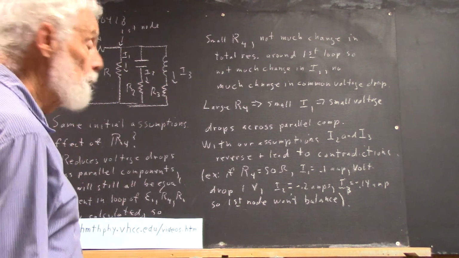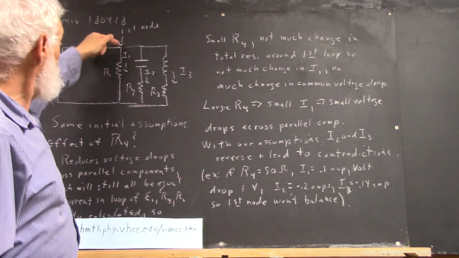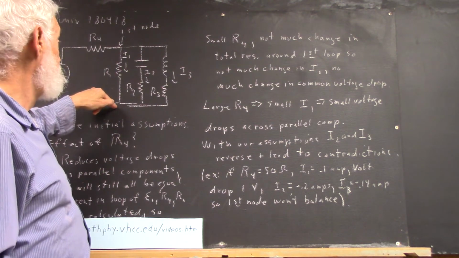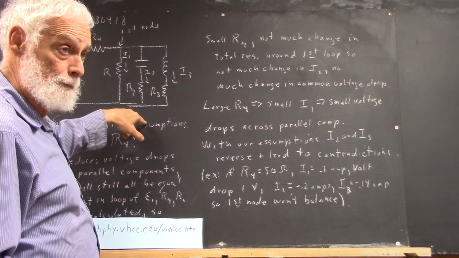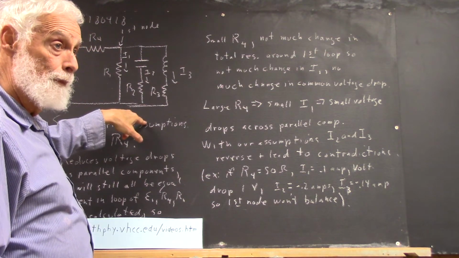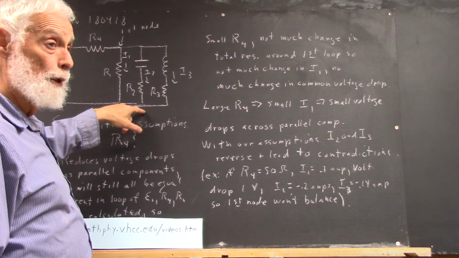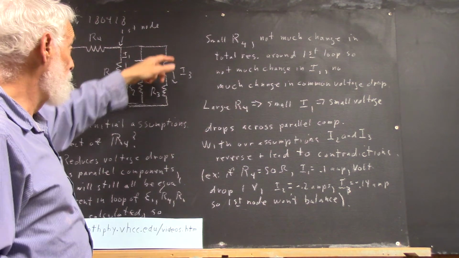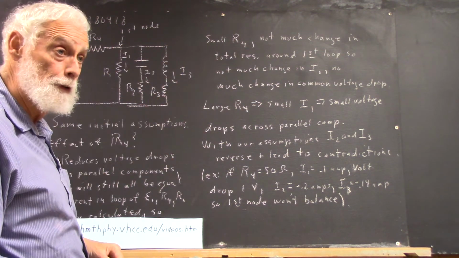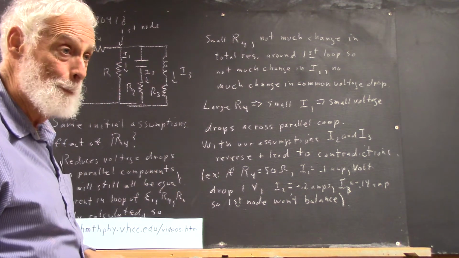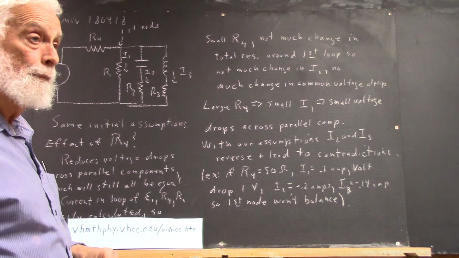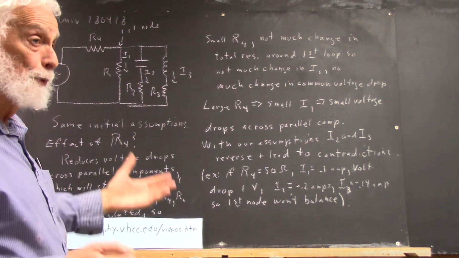But at the threshold, when your voltage drop here drops below 3 volts, things start to get funny. Now it still might work out with a 3 volt drop here because I3 will still be in this direction and maybe they'll balance, but I doubt it. Okay, make somewhat sense?